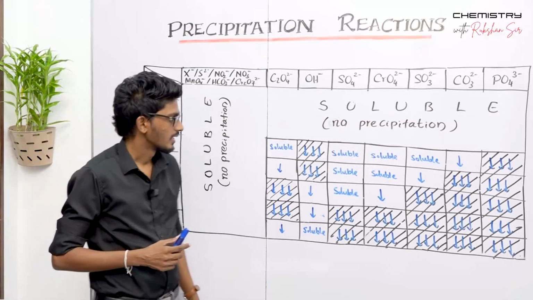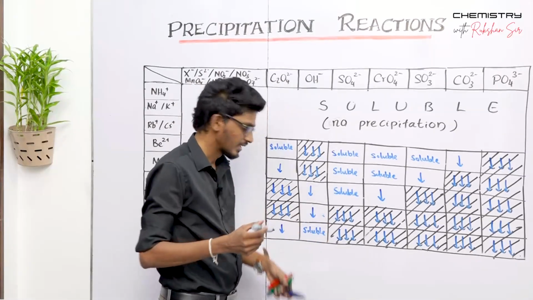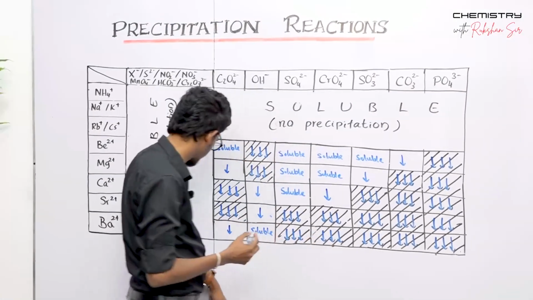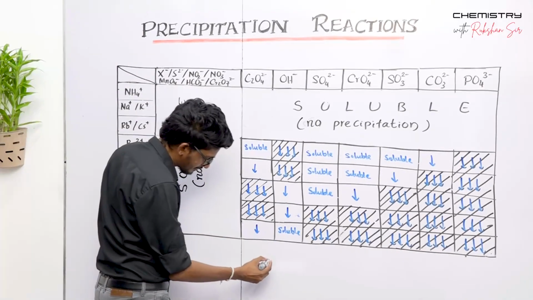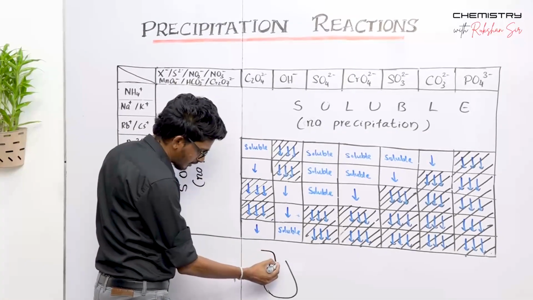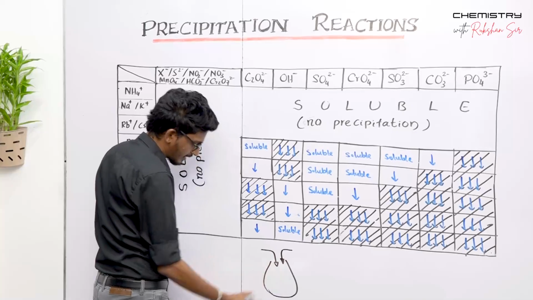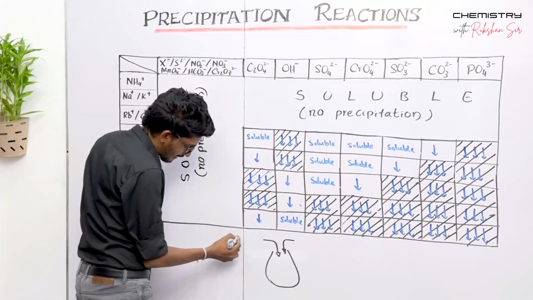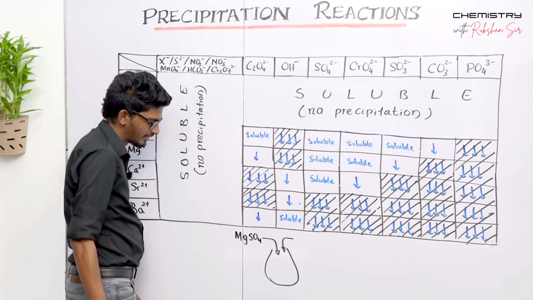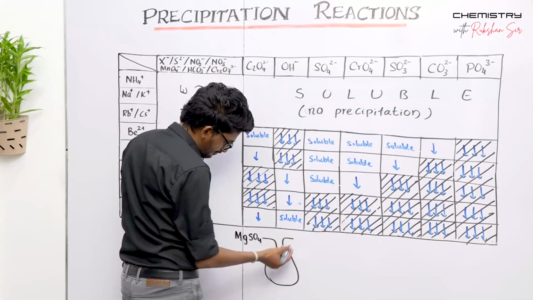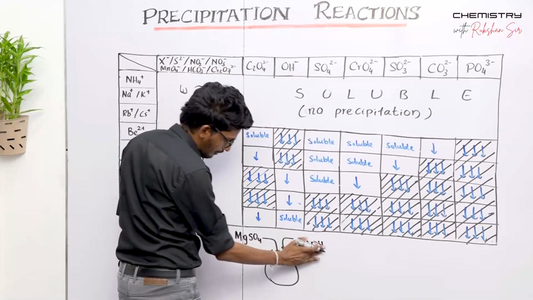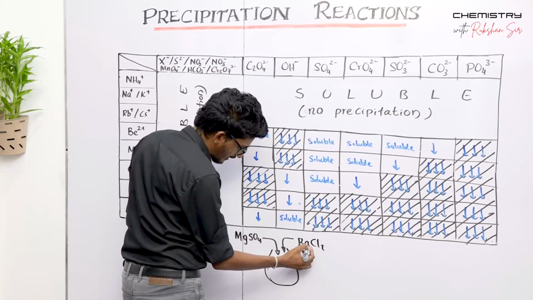If you are to mix two salts, let's say you are adding some magnesium sulfate and some barium chloride. Let's say you are adding these two solutions together.